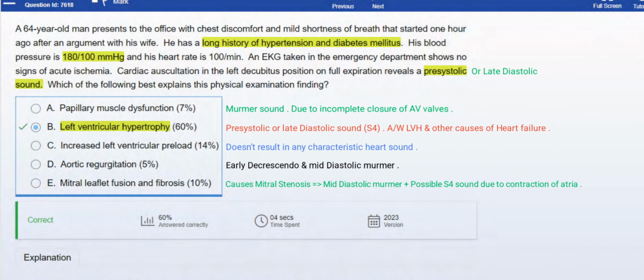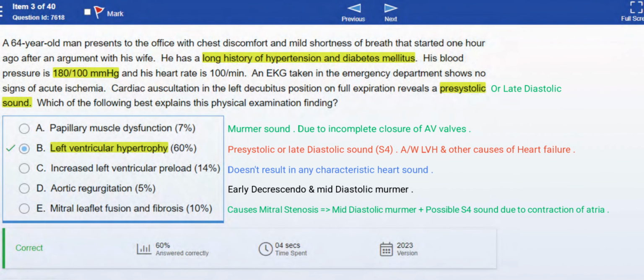The S4 sound is also called the presystolic sound or late diastolic sound. It is associated with left ventricular hypertrophy and other causes of heart failure.